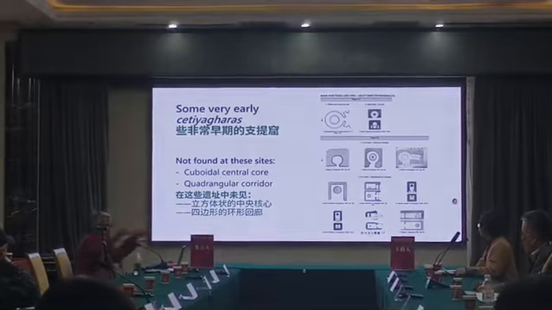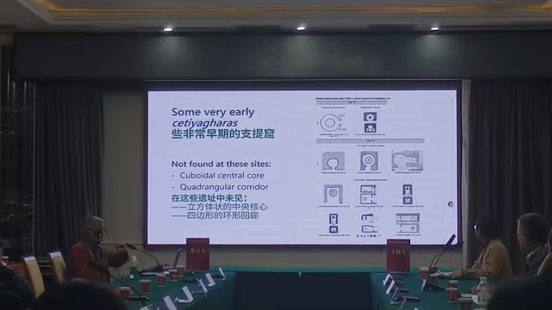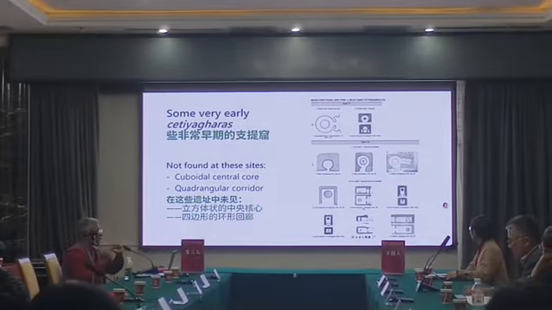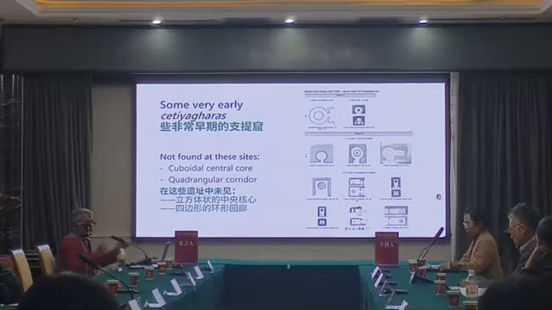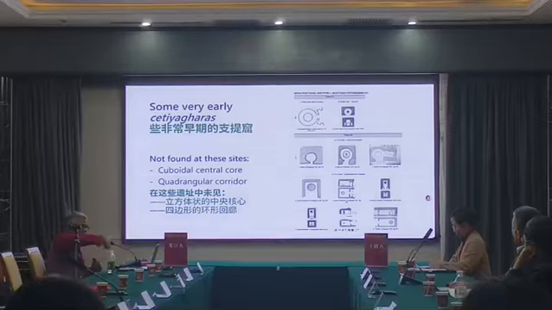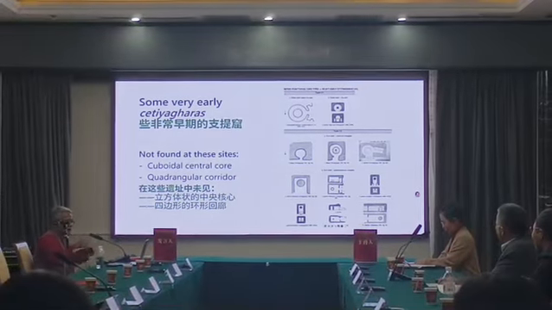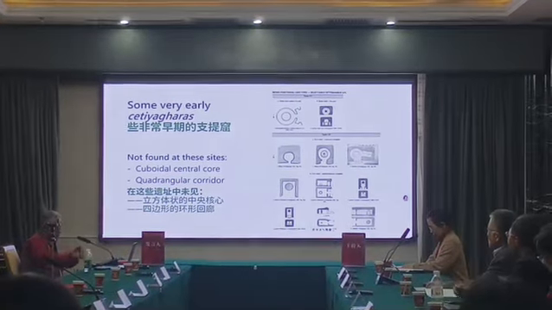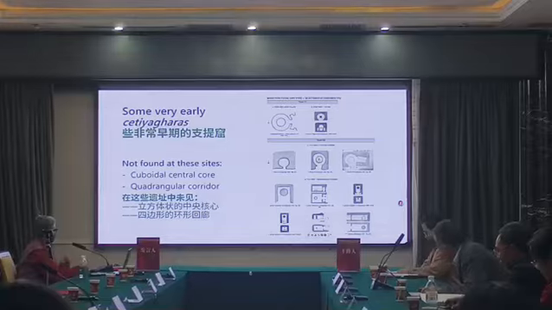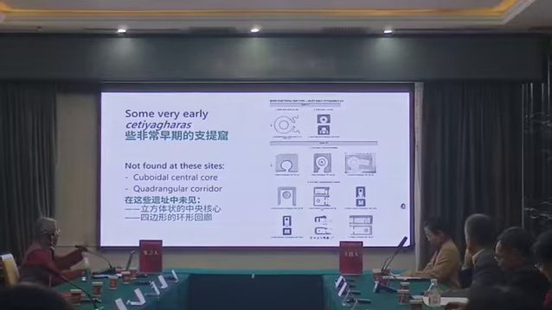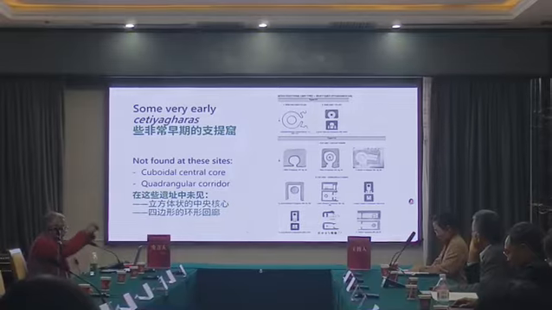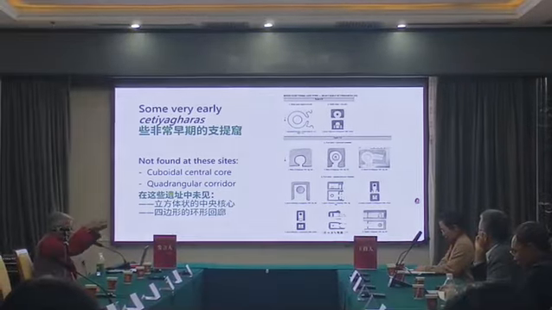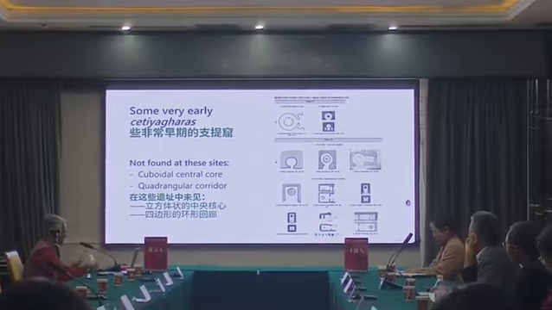A square plan is easy, especially when you are carving inside the mountains. So in the later cases, they dropped the round plan and selected the square plan. But here we still do not get what we are trying to find, a square center and a square plan. Not here.